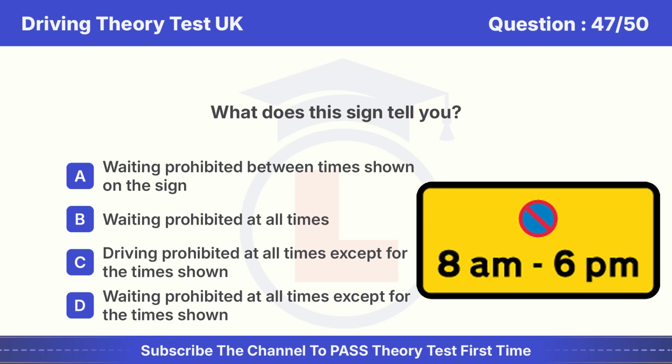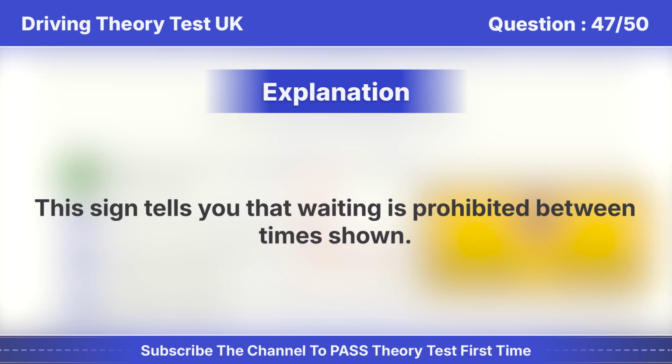Question 47. What does this sign tell you? Answer is A. Waiting prohibited between times shown on the sign. This sign tells you that waiting is prohibited between times shown.